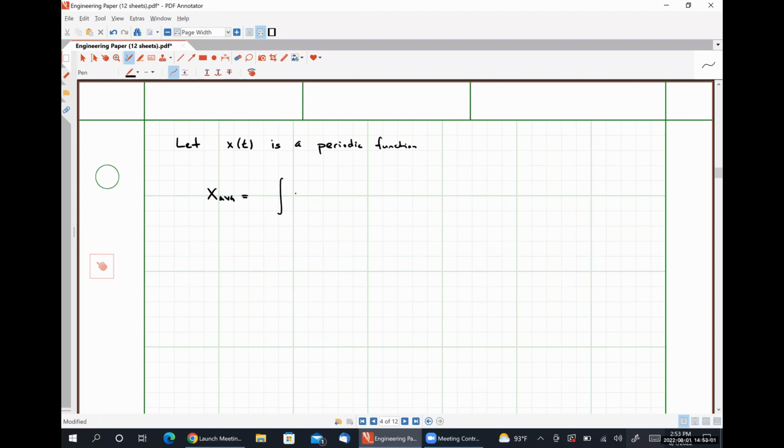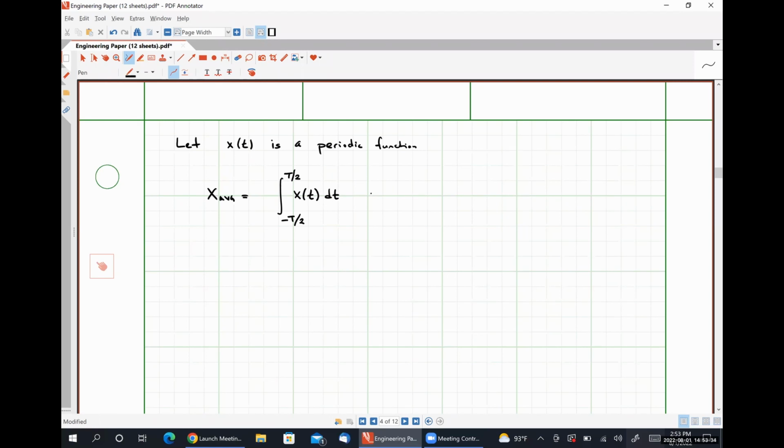the integral of x of t dt, where we have to be very specific about our limits of integration here. I'm going to list this as negative capital T over 2 to positive capital T over 2. Really what's important here, though, is that we are integrating over exactly one period of the function.